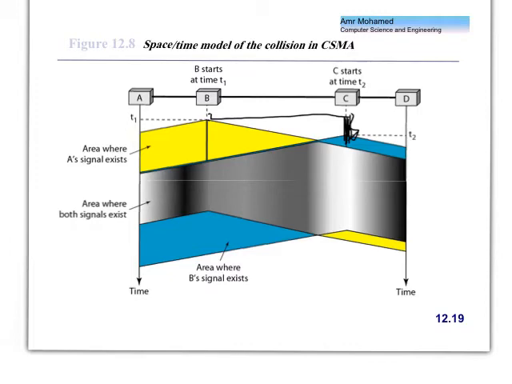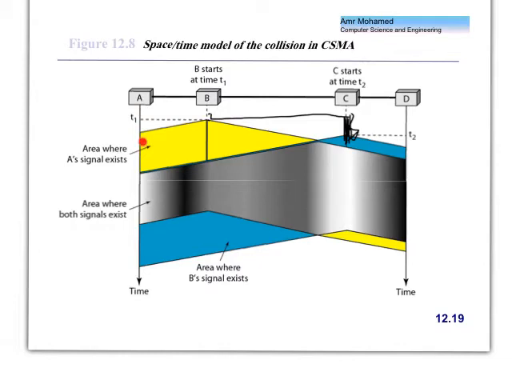Whether I can sense that the channel is idle, I can sense that only one station is transmitting, or I can sense that there is actual collision. As we will discuss later, each node measures the energy level. So at this point, let's say at T1, the energy level is almost zero.